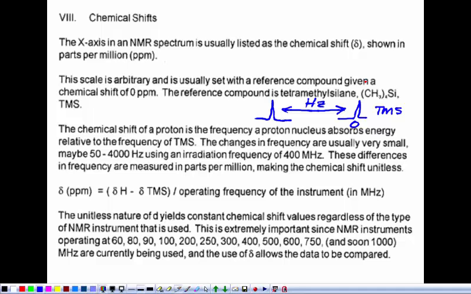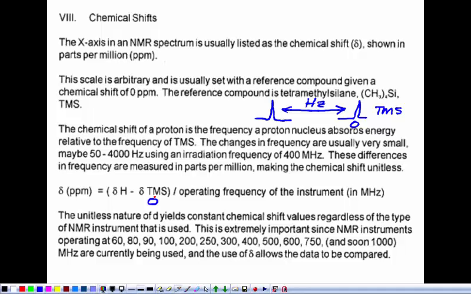And when they first came up with this idea of the x-axis and the chemical shift, what they decided to do was to make it so that the chemical shift would never change as you got stronger and stronger magnets. And so what we do is we define this chemical shift down here as basically the position of the peak minus the position of TMS in hertz.